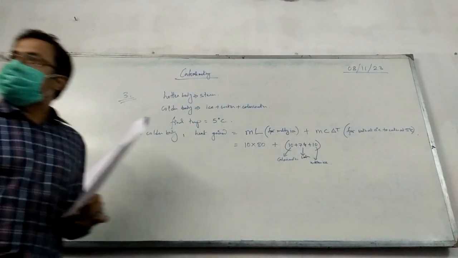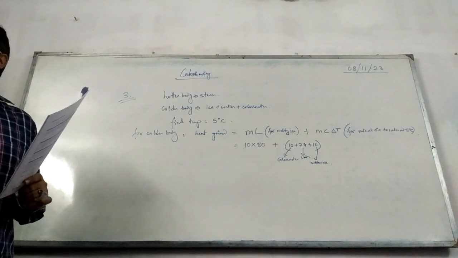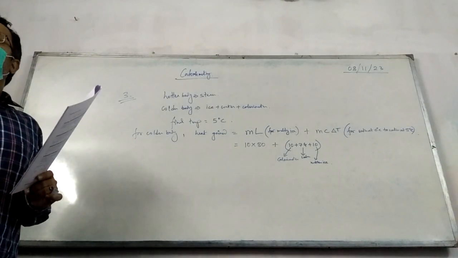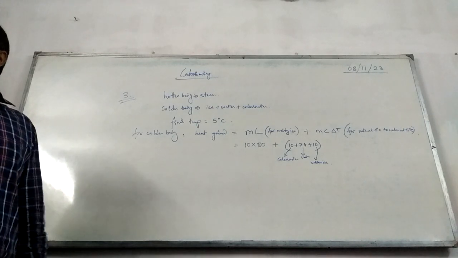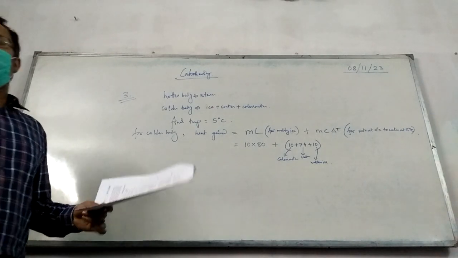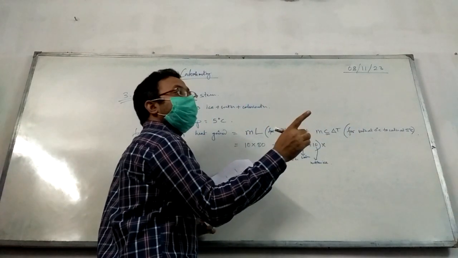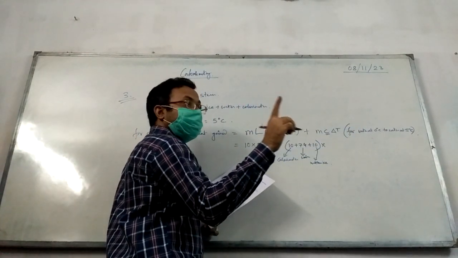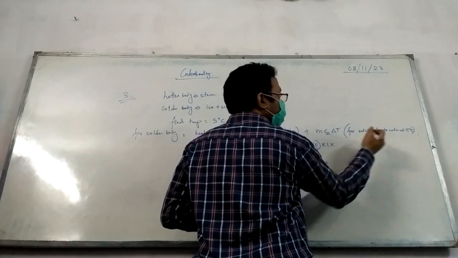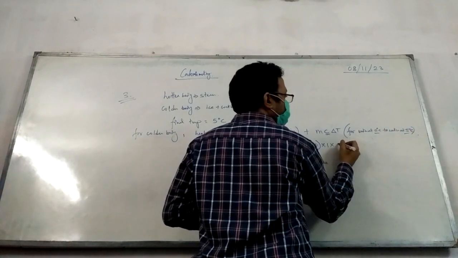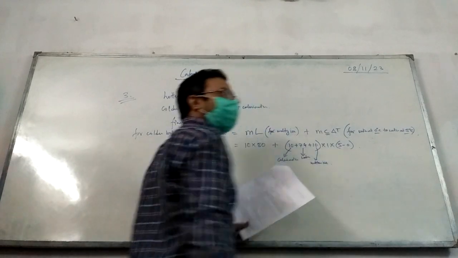The molten ice has become water now. The latent heat is given as 80 kilocalorie per kg, into what is the specific capacity of water in the CGS system? 1, in the CGS system 1, into the changing temperature, how much is it? 5 minus 0, right.